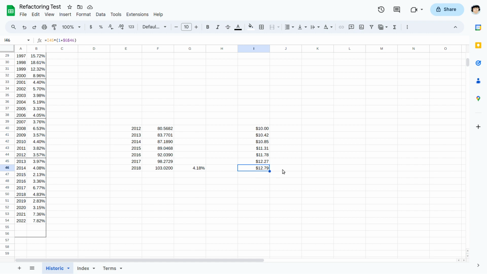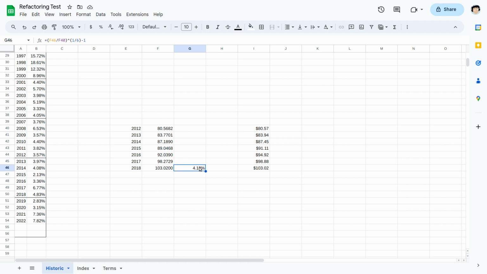But if, for example, I start with something that is this value, like 80 pesos, then at the end is 103.02. So this is correct. This is the same thing as here, but this is variable inflation, and this is like steady inflation of 4.18.